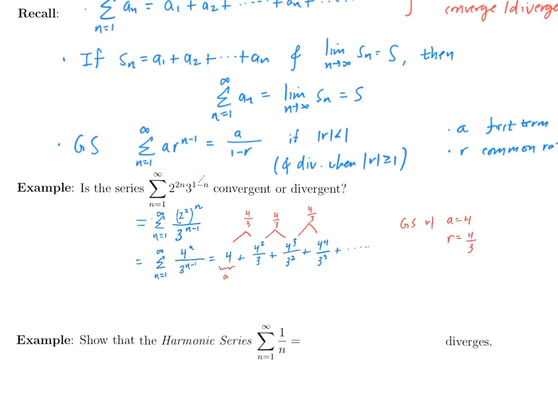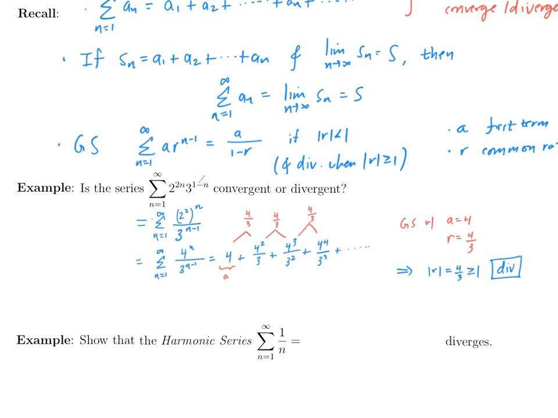And take a moment, pause the video, and write down on your paper or tablet or device of choice, does this series converge or diverge? And because you've taken a moment here now, the absolute value of r is 4/3, which is bigger than or equal to 1, so this is a divergent geometric series.